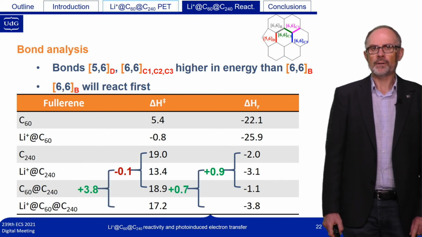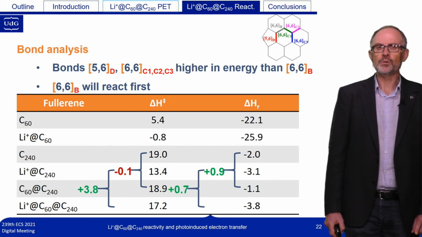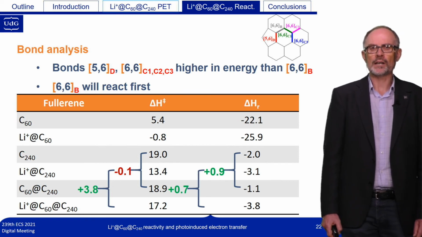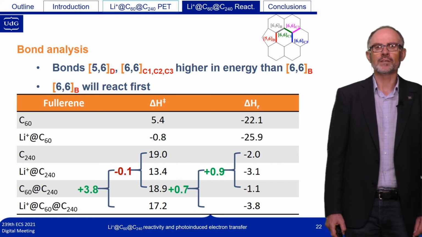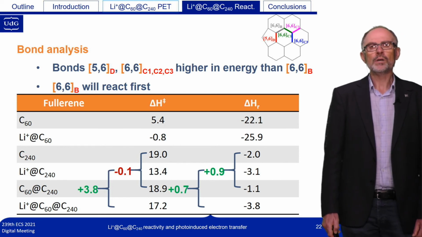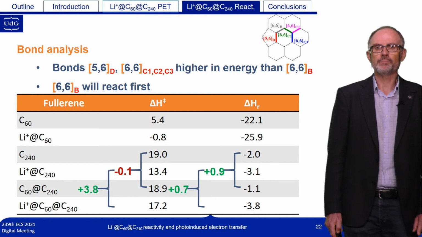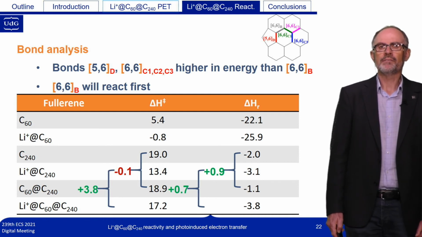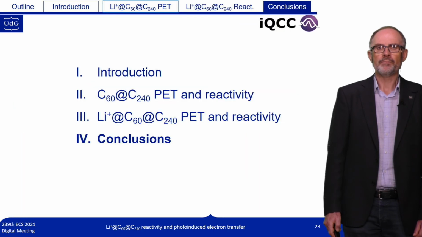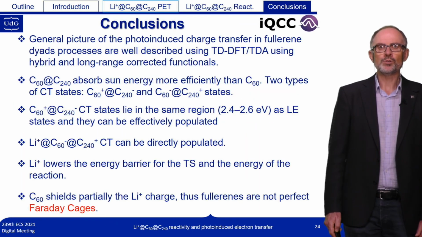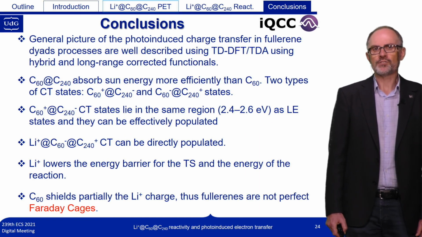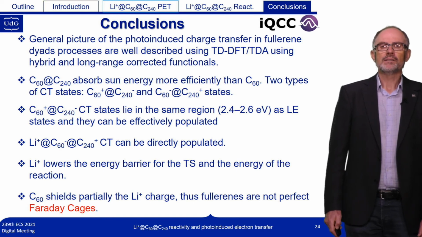Fourth, however, when we encapsulate Li+, the reactivity of C240 changes significantly with respect to that of C240 in the carbon nanoanion. Therefore, we conclude that the effect of Li+ is partially shielded by C60, which is not a perfect Faraday cage.